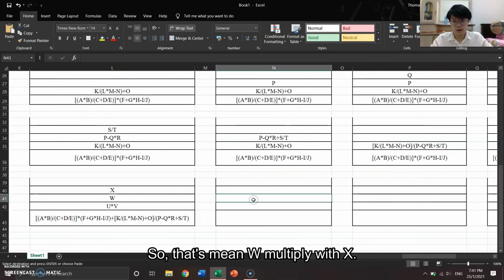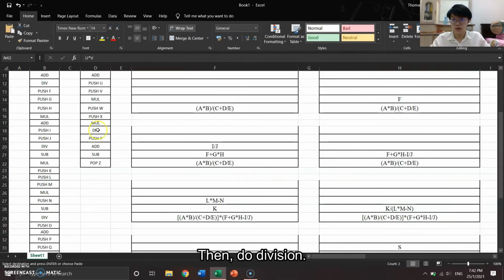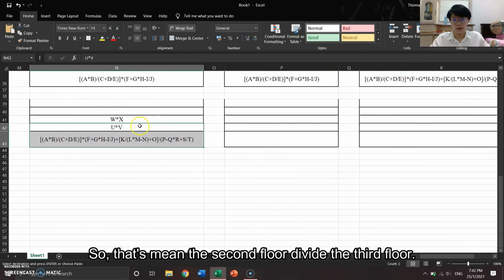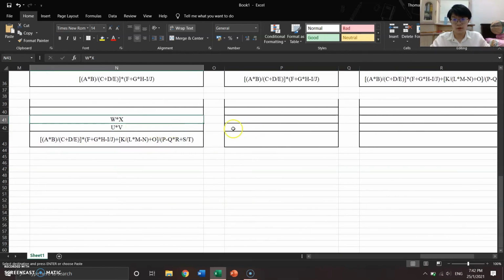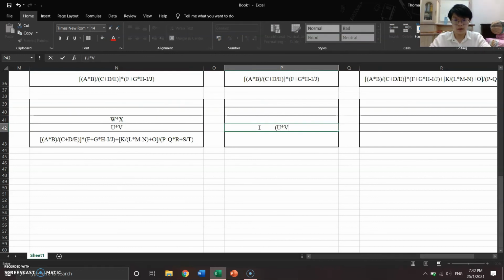So that means W multiply with X. Then the two floors still remain. Then do division. So that means the second floor divide the third floor. So I give it a bracket. U multiply V divide W multiply X.